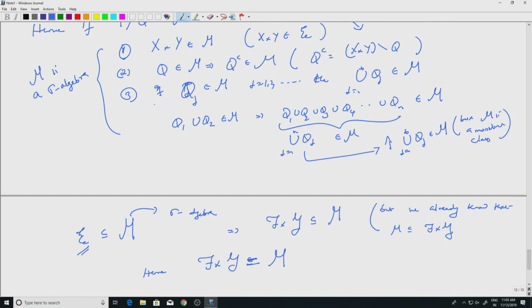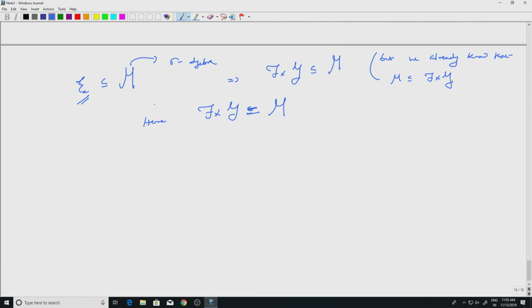It is happening because script E has certain properties. So let me write this as an exercise. Suppose, you can take some space. Let's take a space X. It doesn't have to be X cross Y and so on.